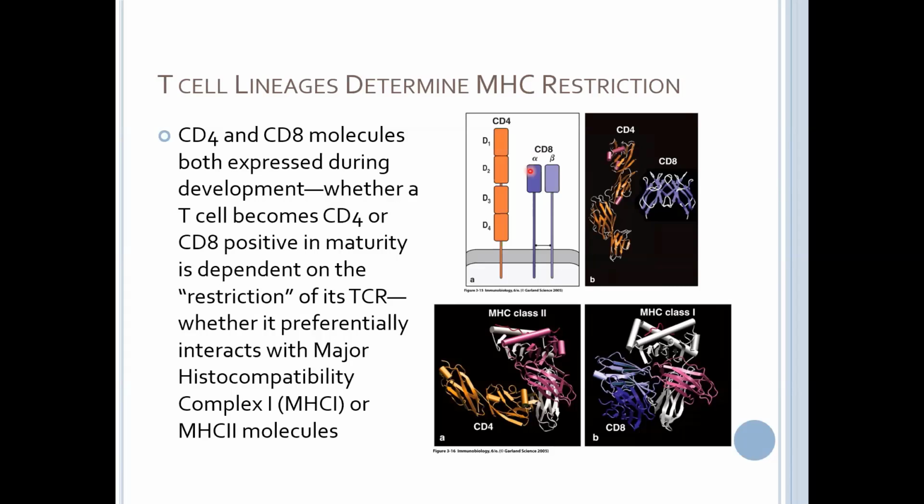And similarly, CD8 binds MHC class 1 and stabilizes the TCR MHC peptide interaction. And so if you're a CD8 cell, you bind class 1 and you've got the CD8 molecule. If you're a CD4 cell, you bind class 2 with your CD4 molecule and your T cell receptor.